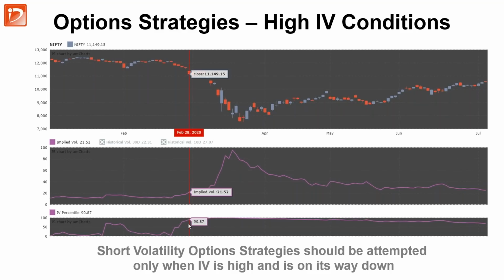So these are all short volatility strategies, but it's important when you attempt this. I said that you should attempt at high IV conditions, but please don't just look at the high IV when you do these strategies. You have to attempt this when it is high IV, but when the IV is coming down.